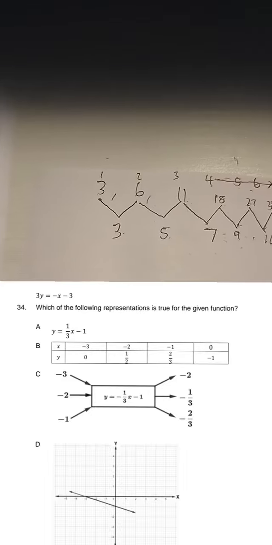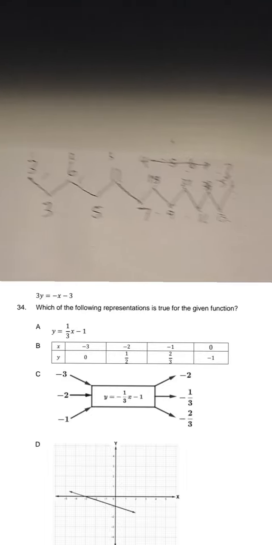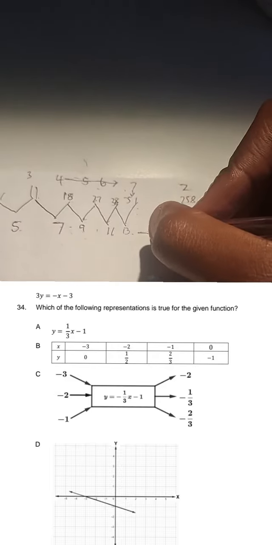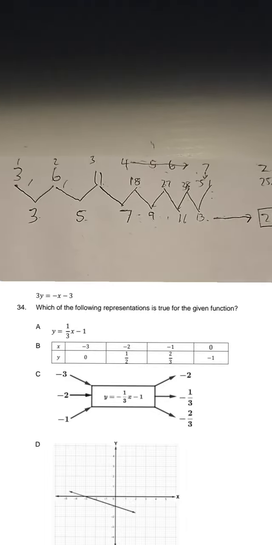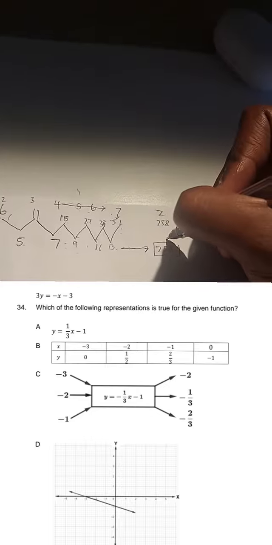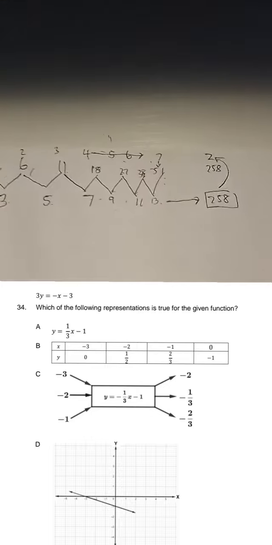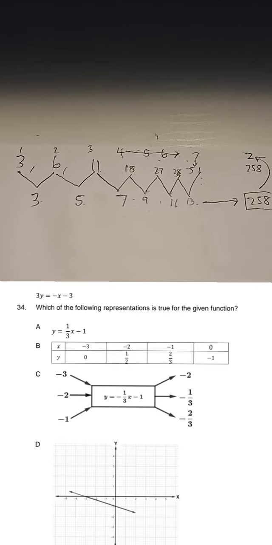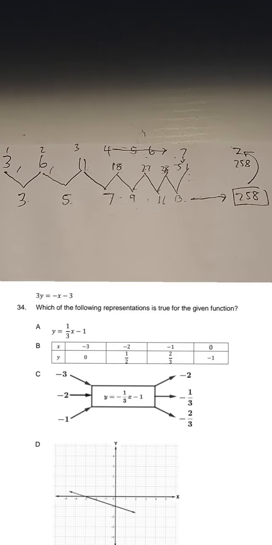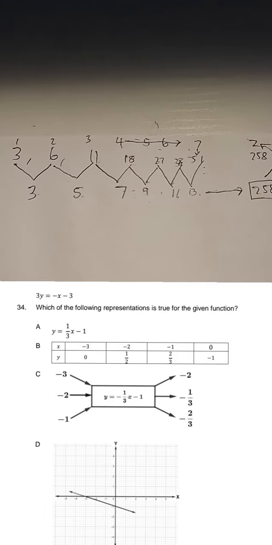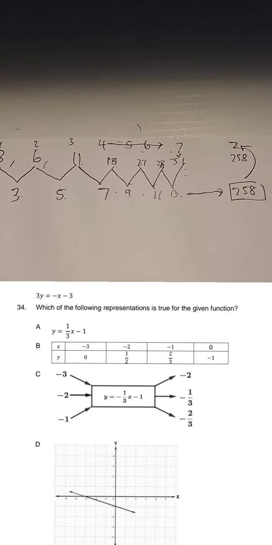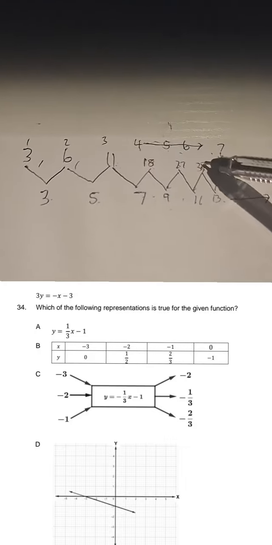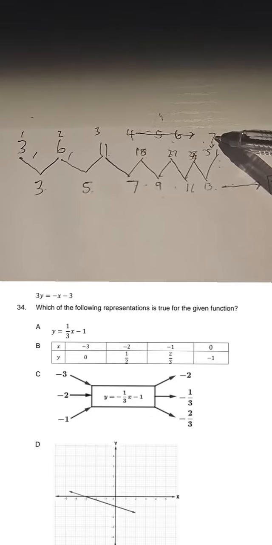Now, we have a term at some point which is going to give us 258, and what we want to know is what is that term's position? Because we know 51 is the 7th term.